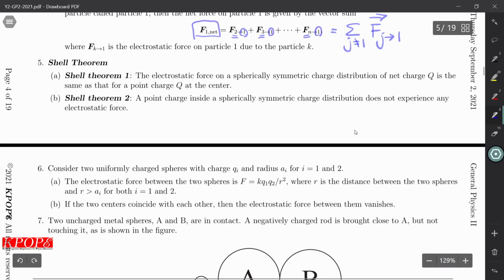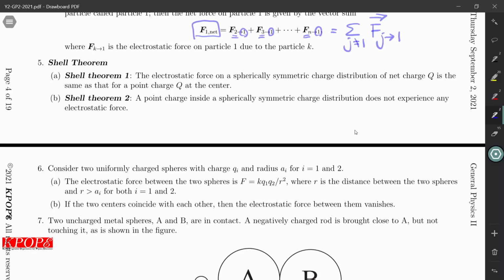Alright, shell theorem. There are two shell theorems. The shell theorem is already known from gravity, Newton's gravity. It is related to a spherical mass distribution.